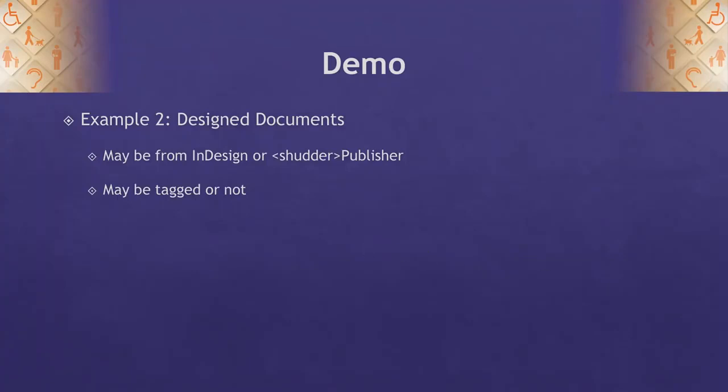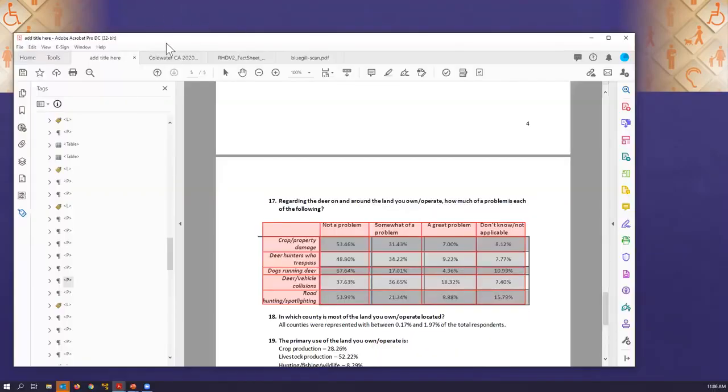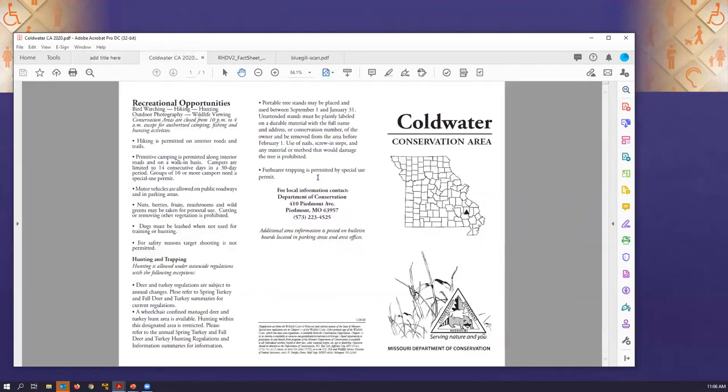So let's go back to our document, and we're going to go to something that a lot of you probably have in your repertoire, the brochure. This is a threefold brochure. It's highly structured. We have something that's obviously a title. We have some design stuff.